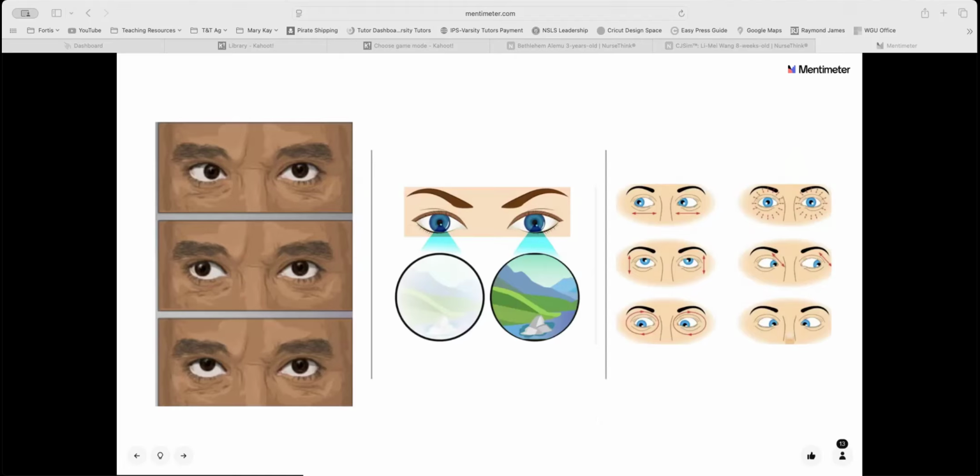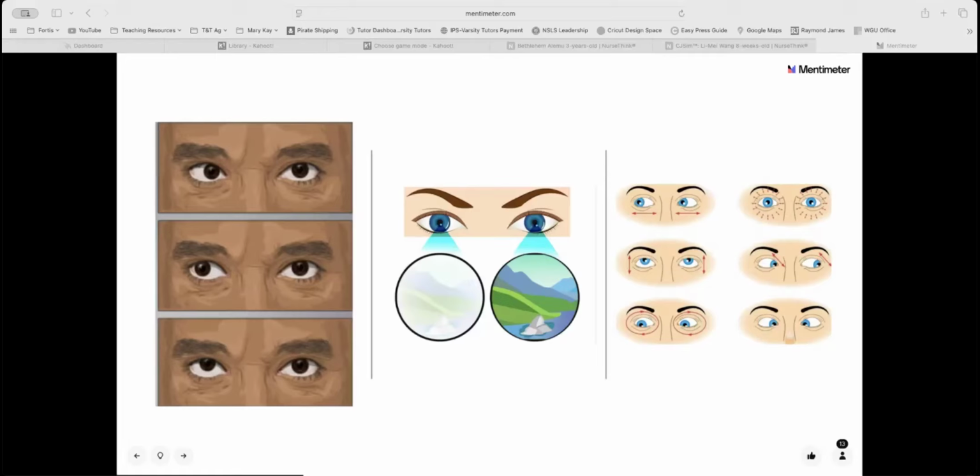What's the medical term? Does it start with an S? Yes, this is strabismus. So we've got one eye that can focus directly on the object. The other eye can't be directed towards that object.